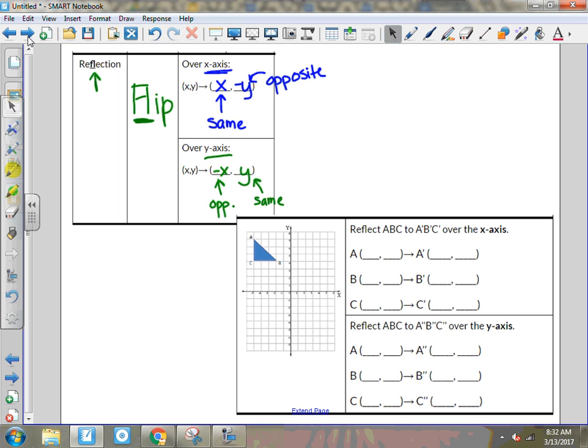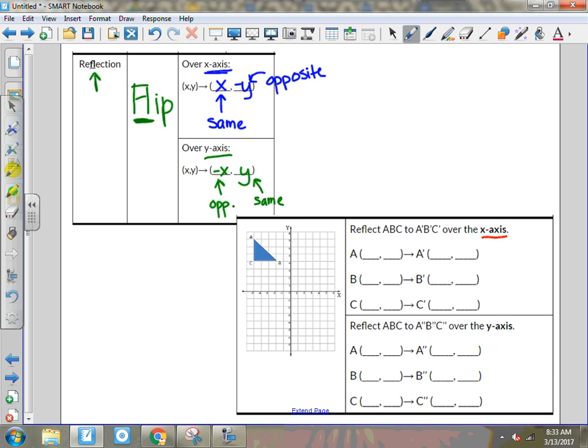So let's go ahead and see what that looks like in our shape here. So my first thing here says to reflect ABC to A prime, B prime, C prime over the X axis. So this is just like a mirror. And it makes sense that if it's flipping over the X axis, the X is going to stay exactly the same, because it's going to move up and down, not left and right.